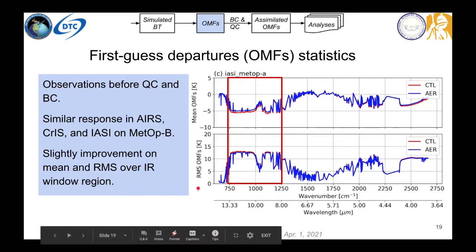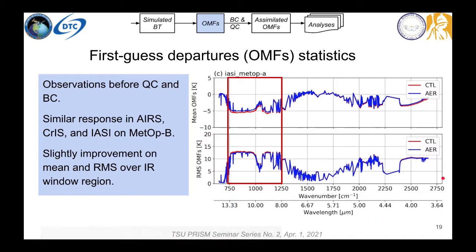And since I'm trying to focus on simplifying and purely demonstrating the aerosol effect on the analysis, I didn't make the AER run have the cycling structure of the control run, and we also use the same first guesses from the control run as the first guesses in the AER run.